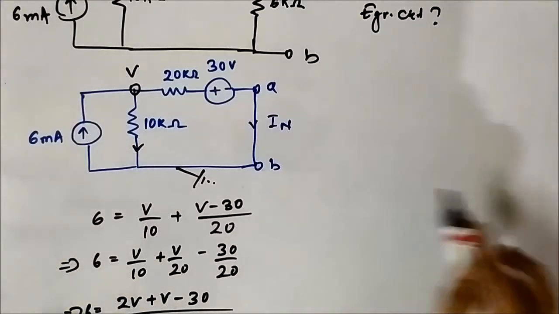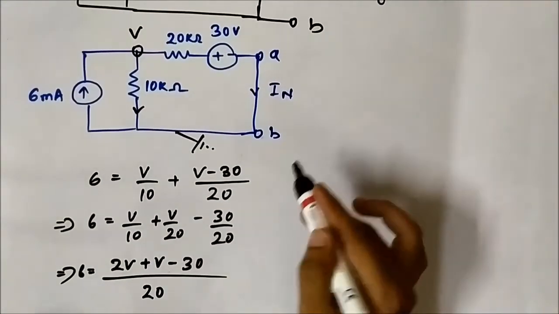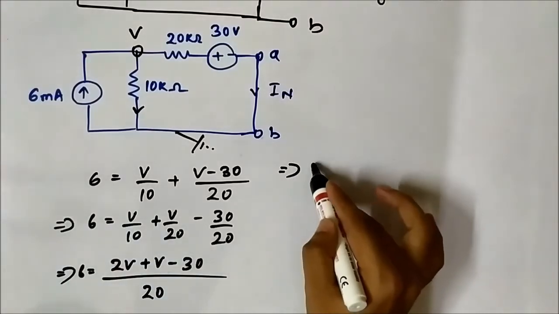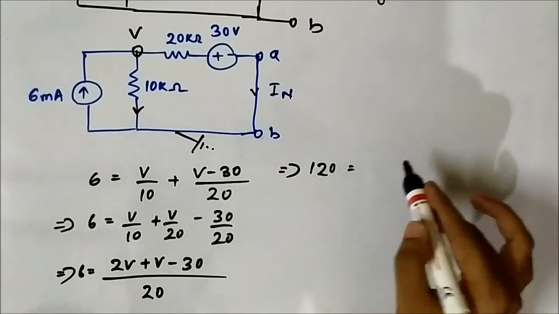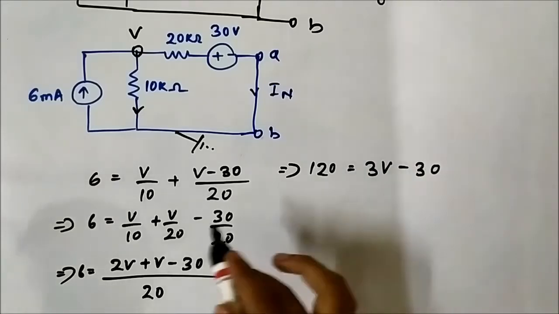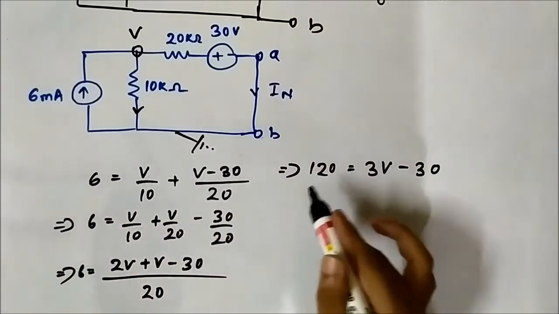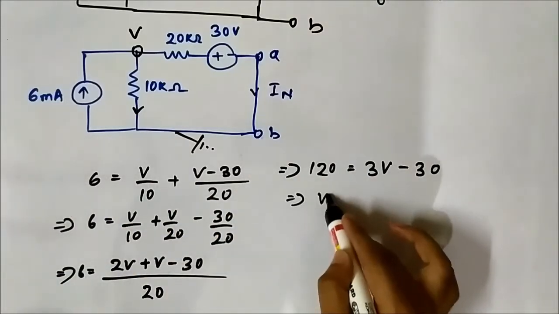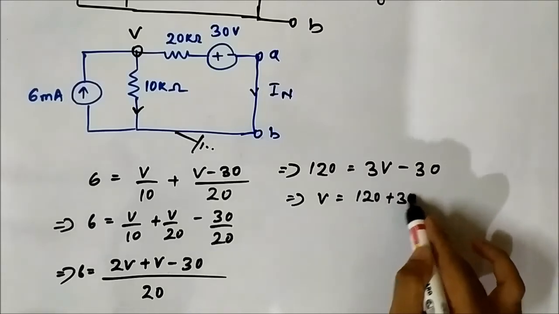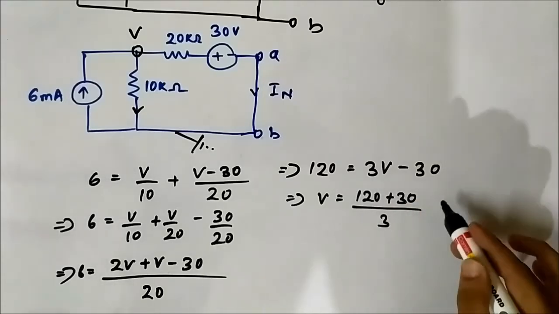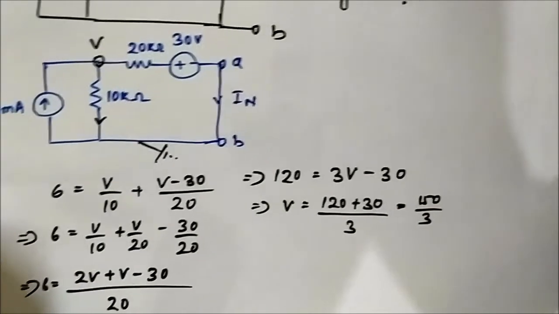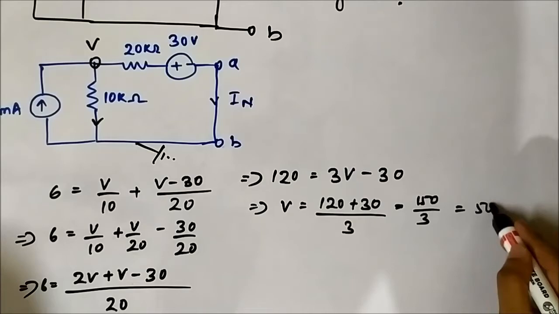Okay, that implies 20 going on this side, it will get multiplied. So, 120 is equal to 3V minus 30. Okay, that implies V is equal to 120 plus 30 divided by 3, which is 150 by 3, which is equal to 50 volt.